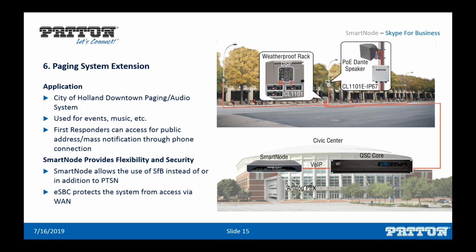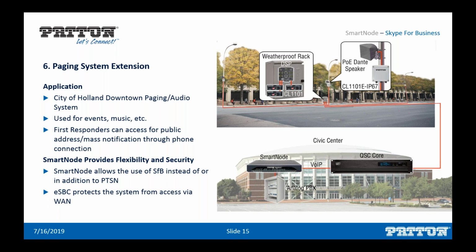And that core then has a SmartNode attached to it, which allows it to connect into the analog PBX. What that's used for is the first responders, the police, and the fire department are able to, using their PBX, dial an extension into this QSC core and be able to utilize all of that audio in the causeway for mass notifications.